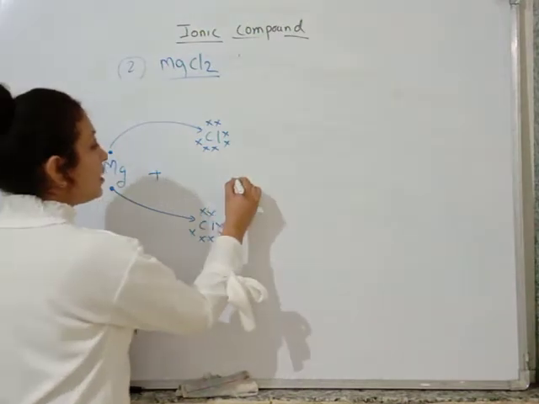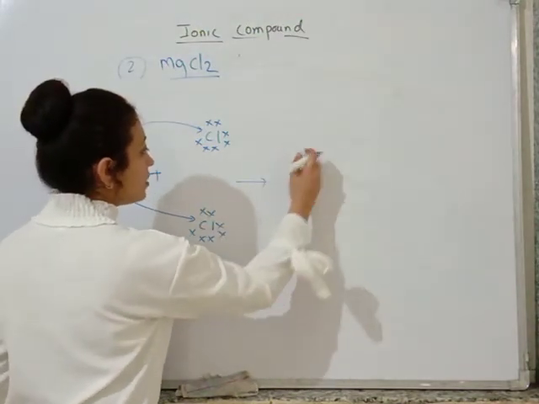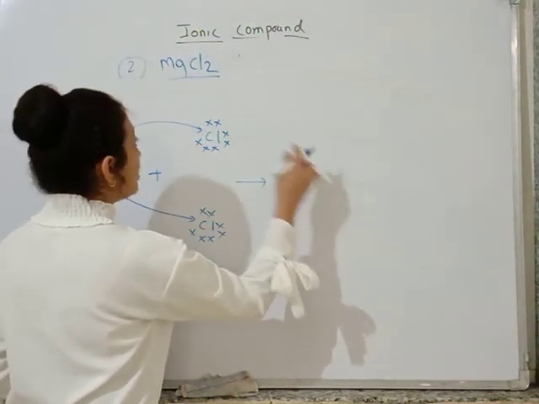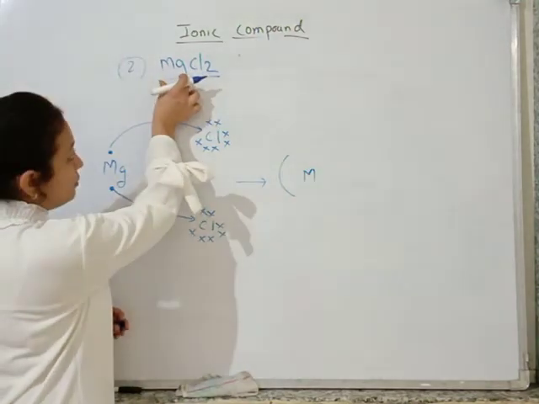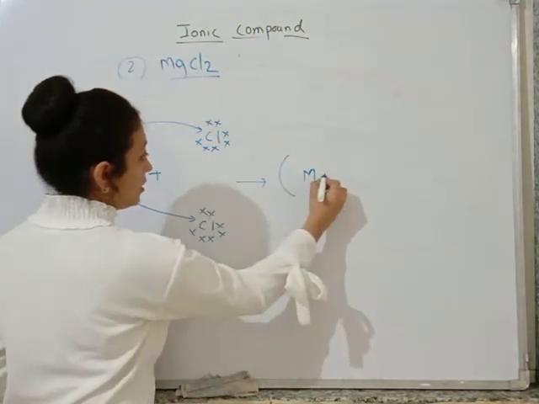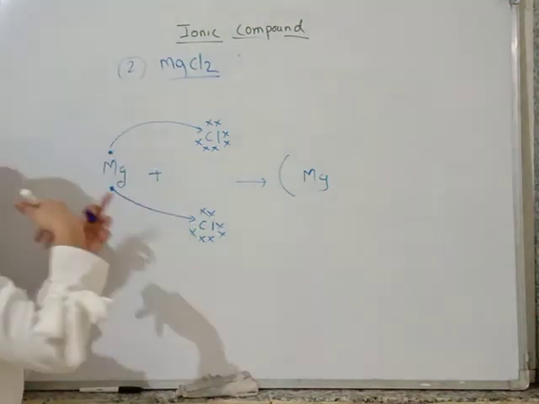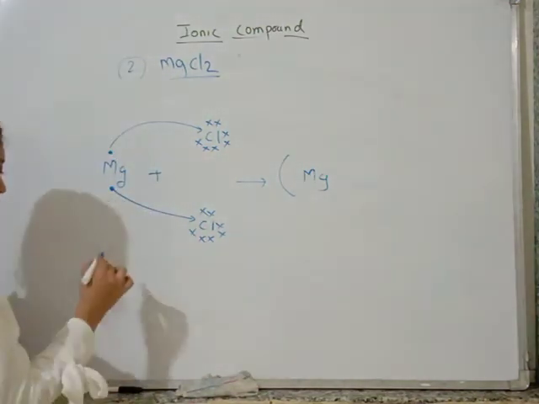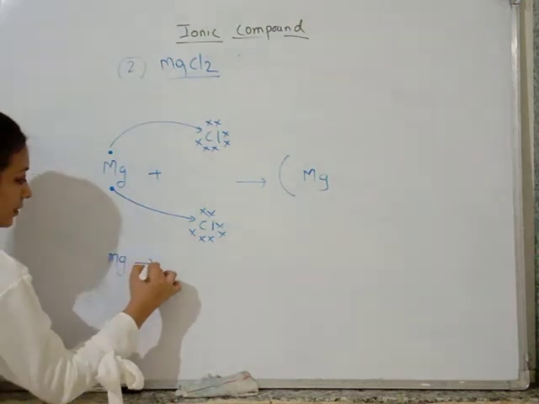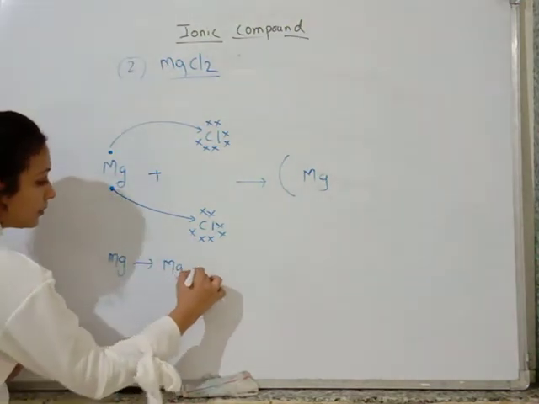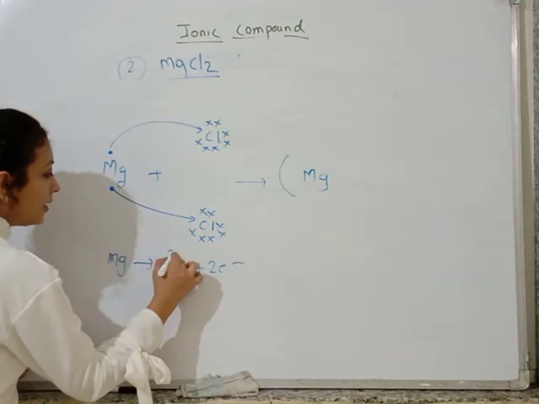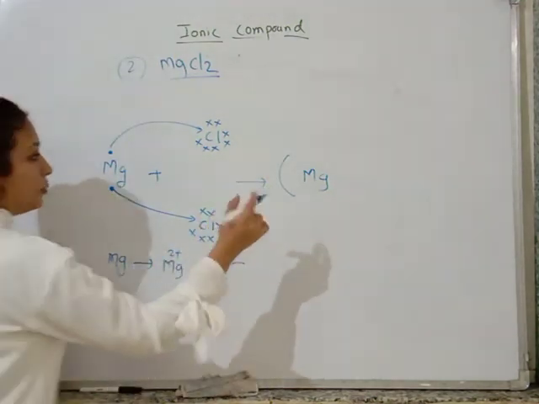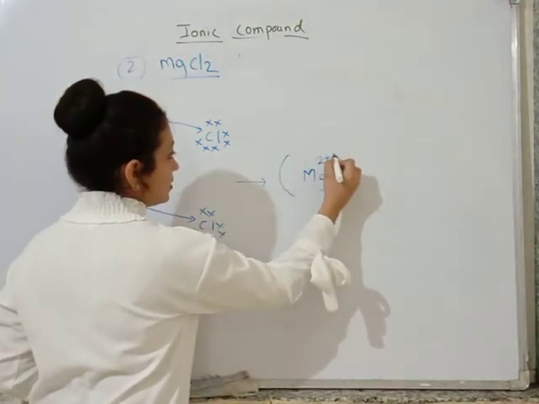Now the next step is very important. Listen carefully, children. Now here what we will write? What is in the formula first? Mg first. So we will write single Mg here. Now as it loses 2 electrons, it gets 2 plus charge. So we are going to write Mg 2 plus.